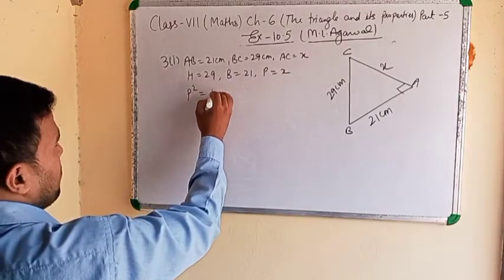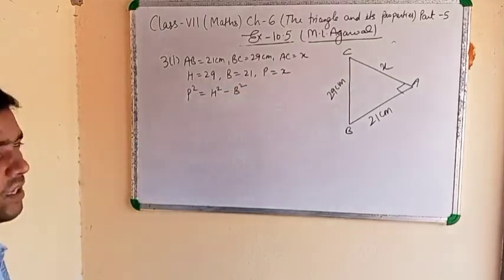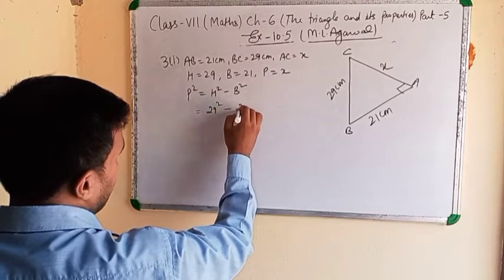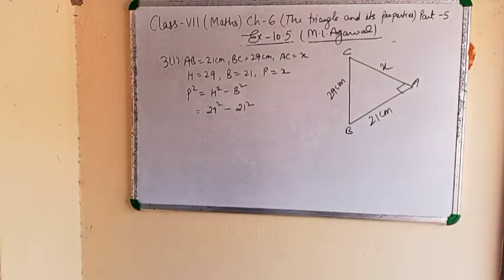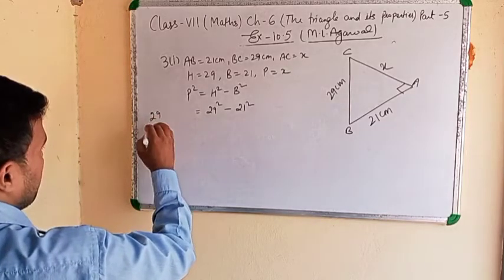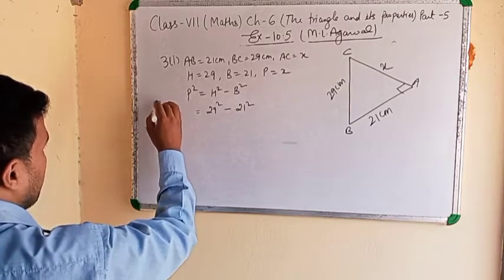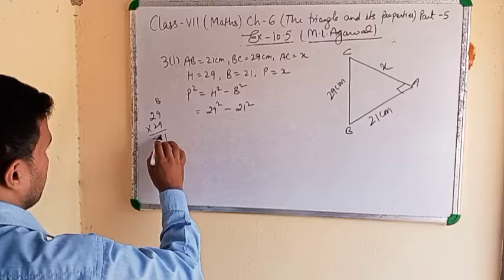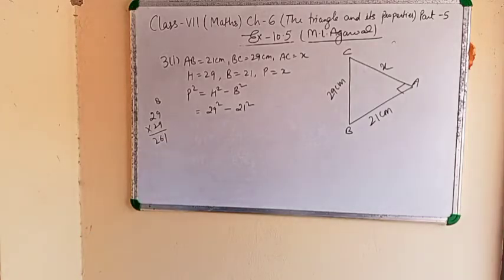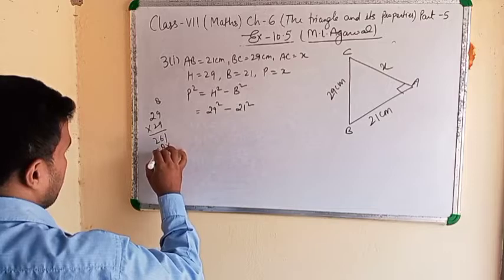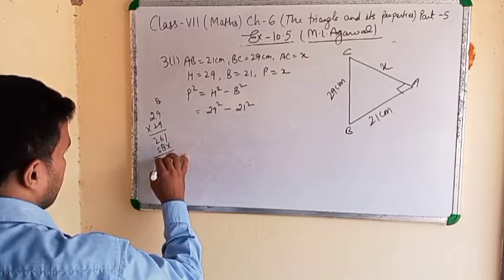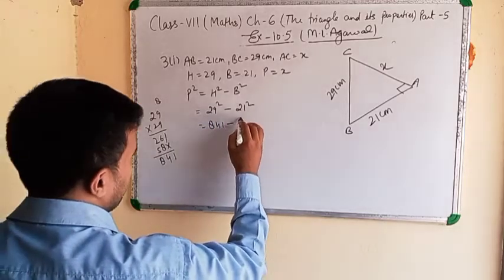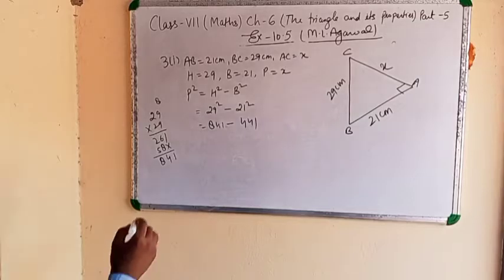P square equals H square minus B square. I told you the formula. Put the values: 29 square minus 21 square. Clear? 29 square, if you have not learned it, you do the multiplication. 9 9s are 81, 9 2s are 18, 18 8 261, 2 9s are 18, 841, minus 441. 21 square means 441.